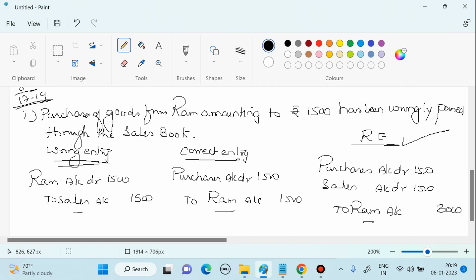So to nullify it, we debit sales. And Ram account should have been credited but was debited. So we have to credit Ram but with double the amount. 1,500 to create a credit and 1,500 to nullify the debit. Clear? Yes. I will go to the next thing.